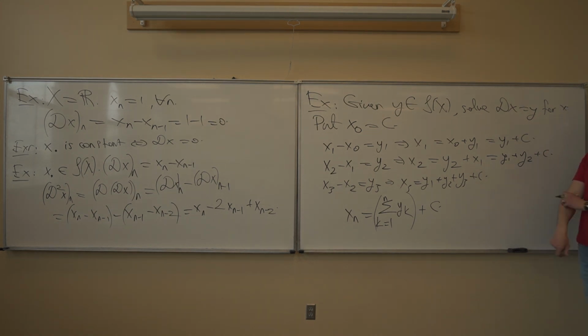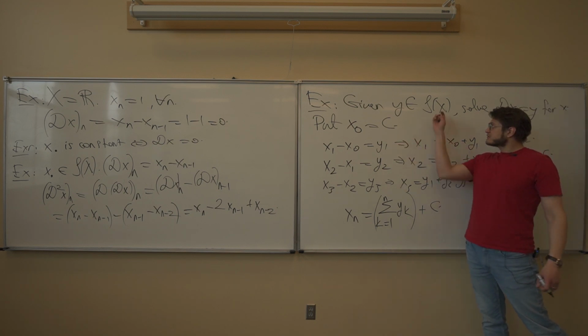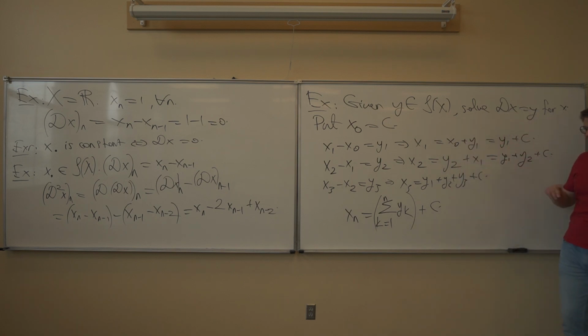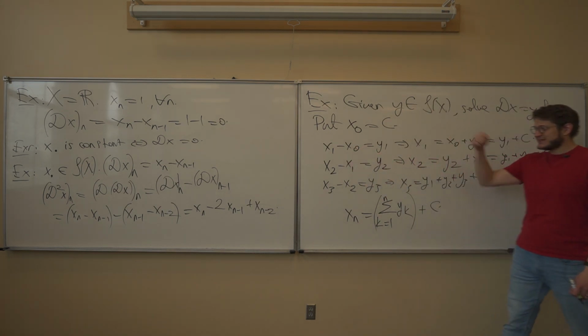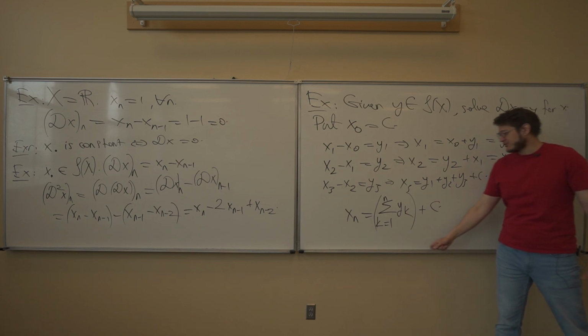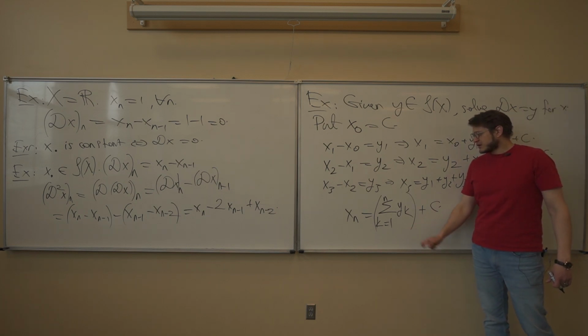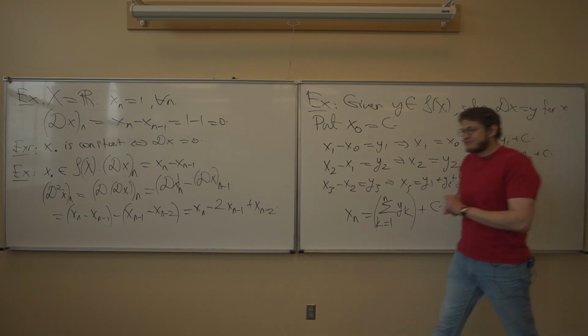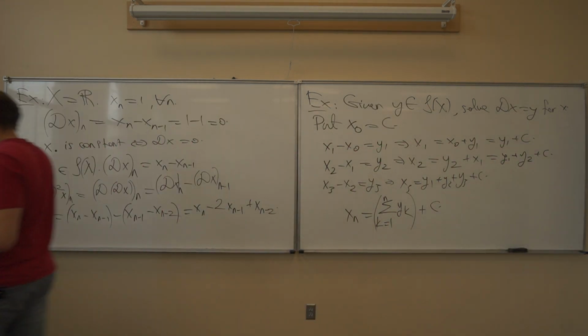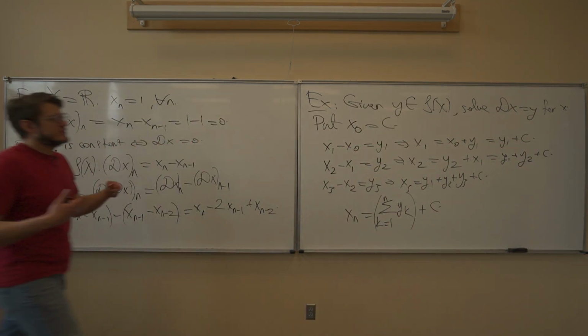By induction, you can show this is the case. Now, what happens if n is negative? Because I'm looking at biinfinite sequences. I'm going to leave that part to you. You run the same equation in the backwards direction, which gives you a similar thing. But the point is that this is similar to saying that f prime equals g. You see, I'm trying to develop the analogy.